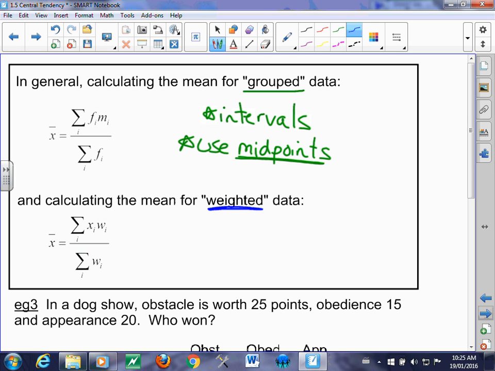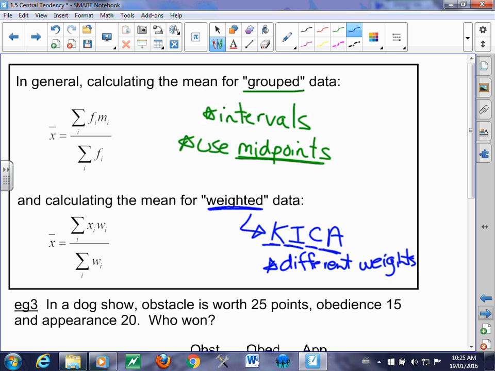Okay, so weighted mean, just think about your KICA categories where they're different weights. If you have a class, folks, where all of them are 25, then that's fine. Okay, but they're all the same percentage. But this case is not the same percentage.